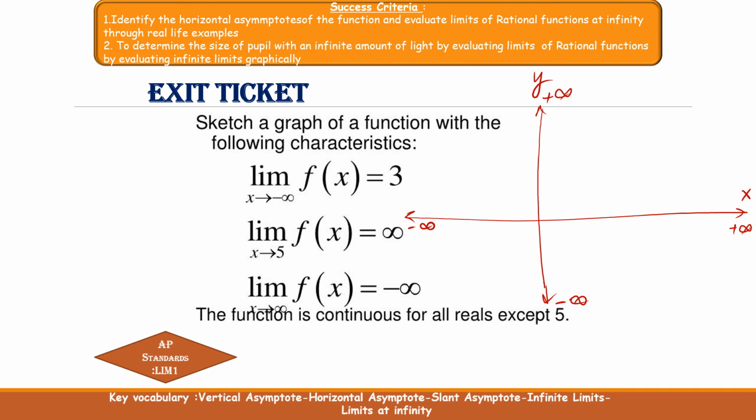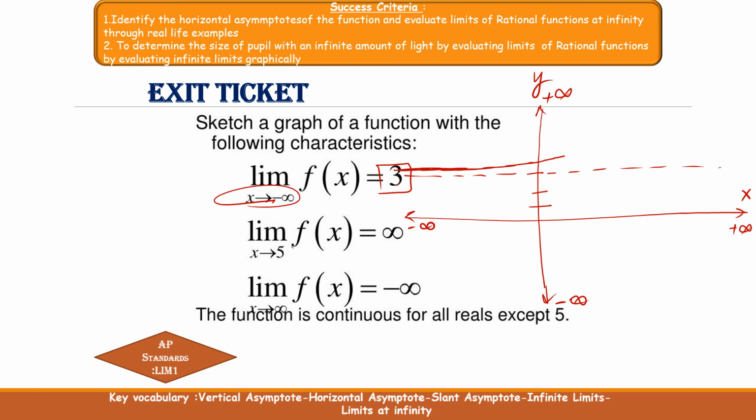When x approaches negative 3, the y value is 3. So 1, 2, 3. A y value of 3 means there is a horizontal asymptote. You can make any kind of graph which gives you a horizontal asymptote at 3. So I can go like this, just to represent. This is my half graph.